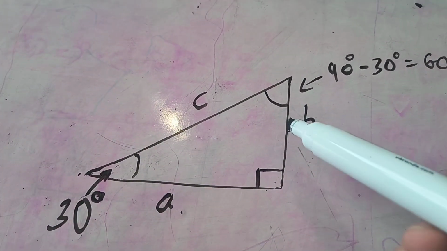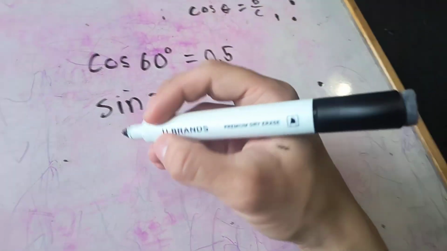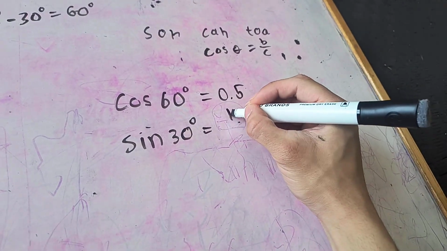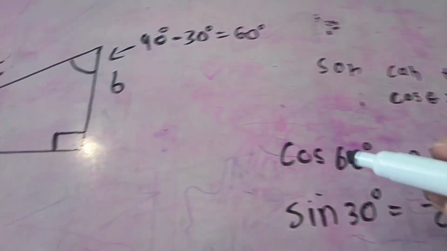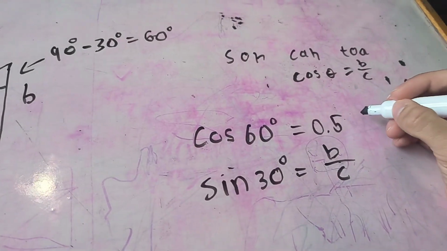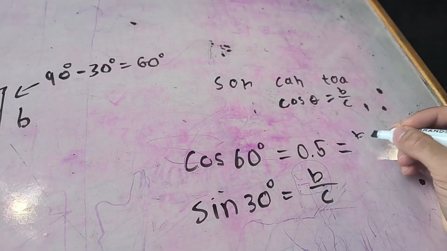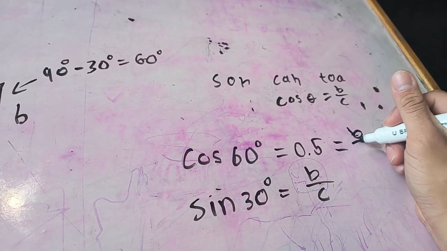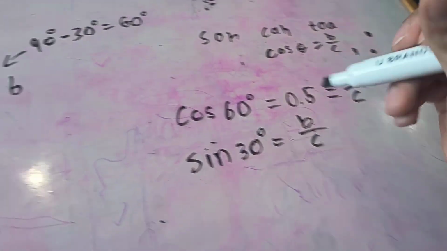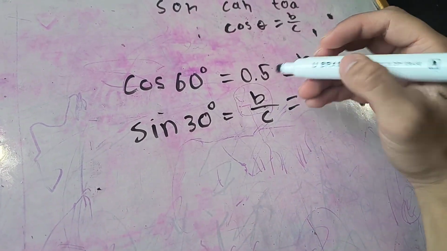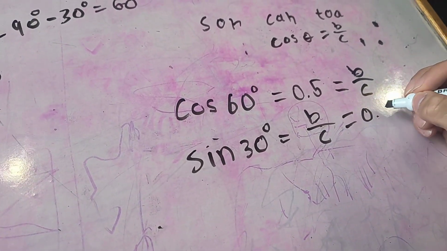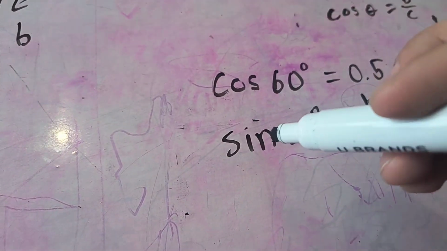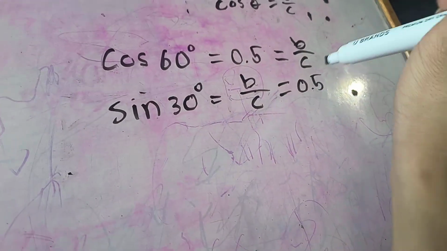It would be the opposite, B, over the hypotenuse, C. So the sine of this 30 degrees is going to be equal to B over C. Well, this cosine is also equal to B over C. So that means this sine of 30 also has to be equal to this cosine of 60, which is 0.5. So the sine of 30 degrees, of this angle right here, is equal to 0.5.